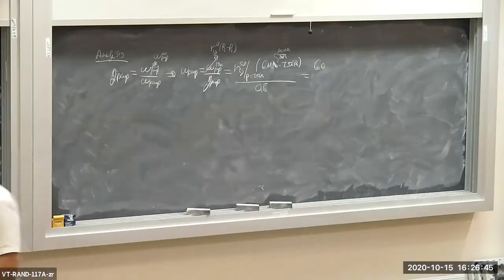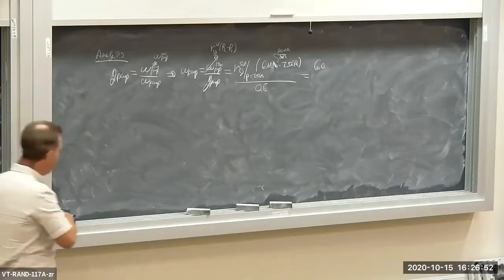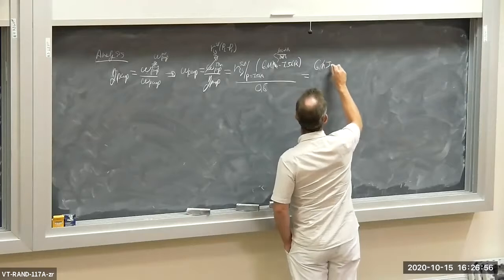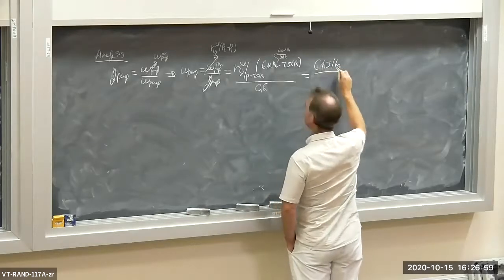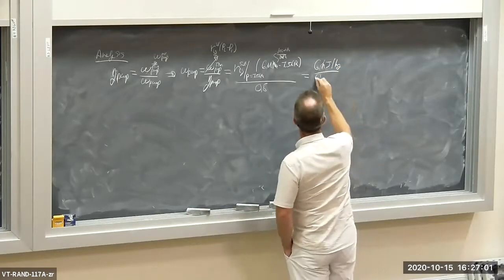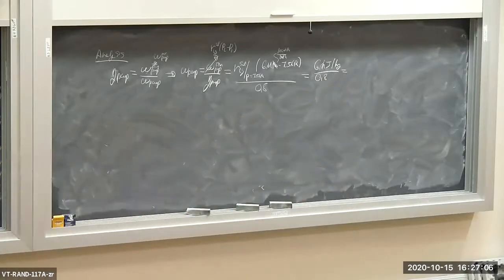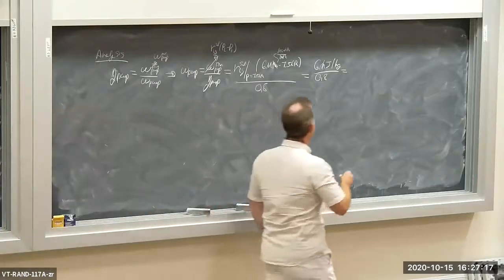Let me check this one more time. Dividing by 0.8, I get 7.55, or 7.6 if you like.